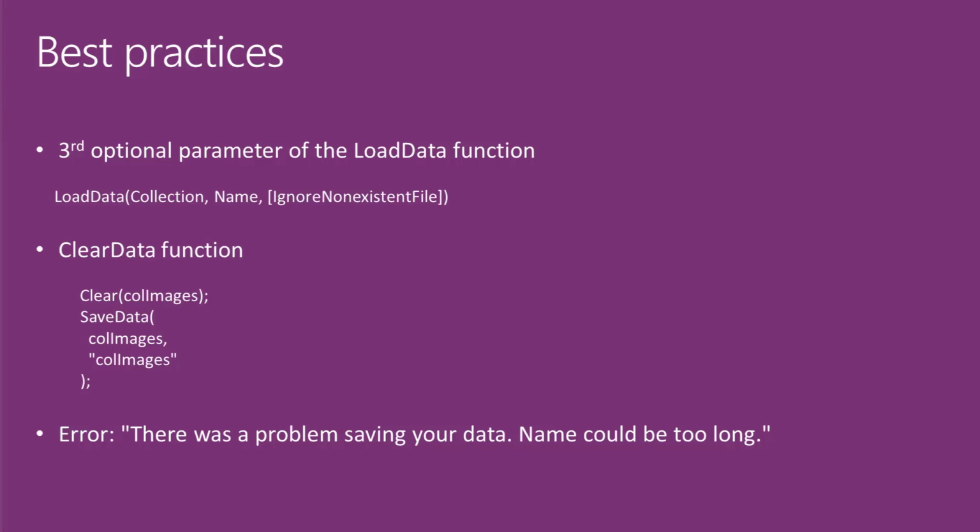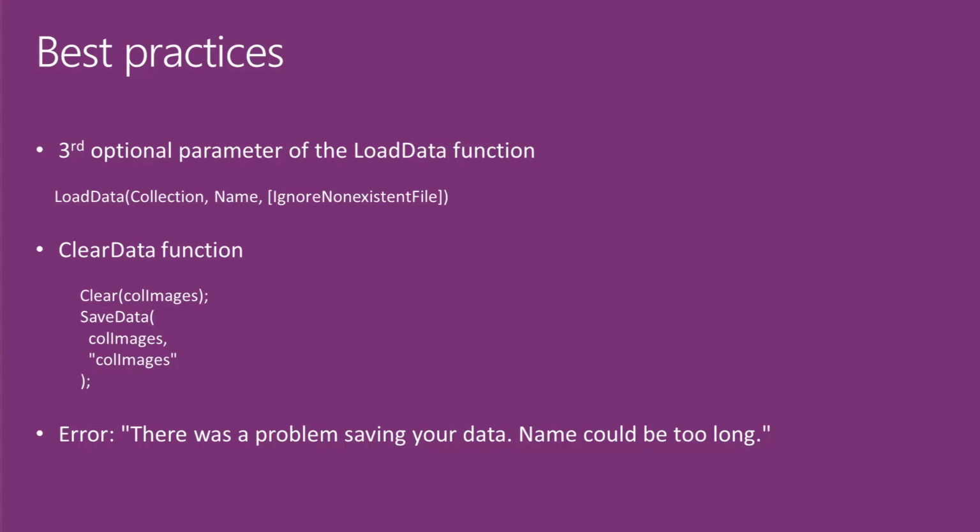You can add a button, store a text in a variable, and then try to save that variable into a local file using save data. Then clear the data and check when you reload the app, do you still see it? Most likely you will. So what I do is I clear the collection and then use save data. So it's a combination of clear and save data that gives me the same result as clear data would have given.